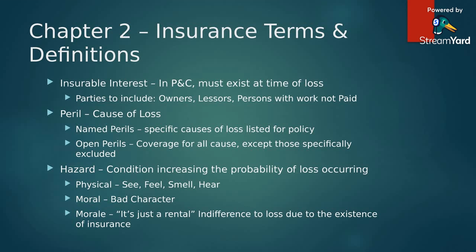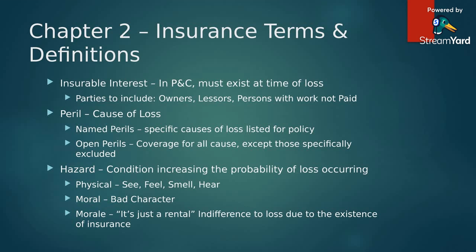Now, one example that we're going to see here in property insurance about these named and open perils, the example we'd like to give is at the bottom of page 31 here. Damage caused by wild animals is usually not excluded in open perils, but it is usually not listed as a named peril.